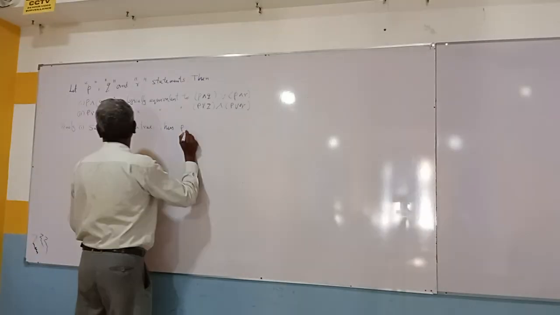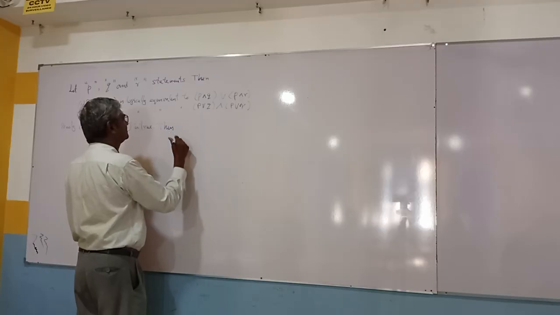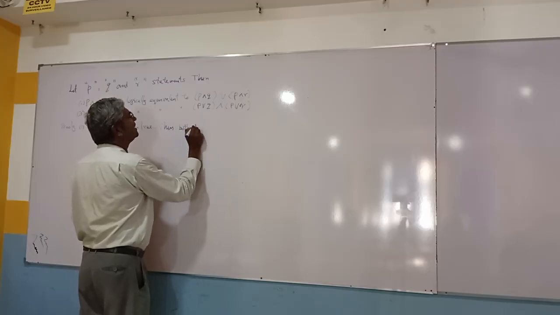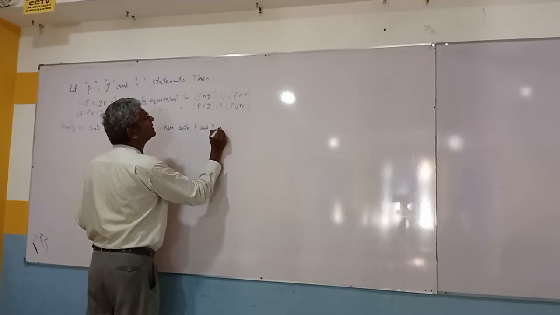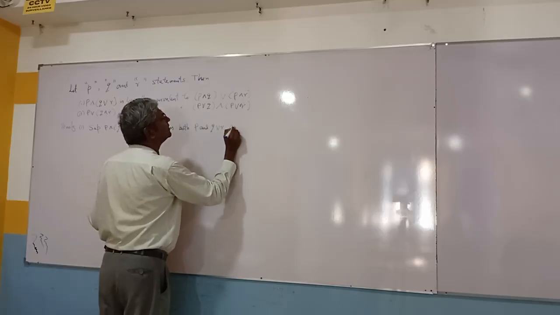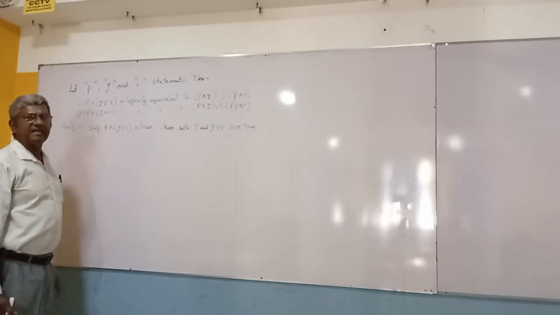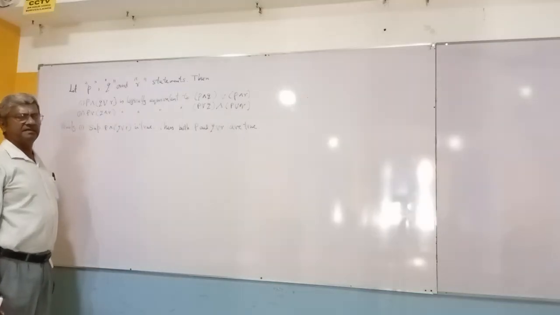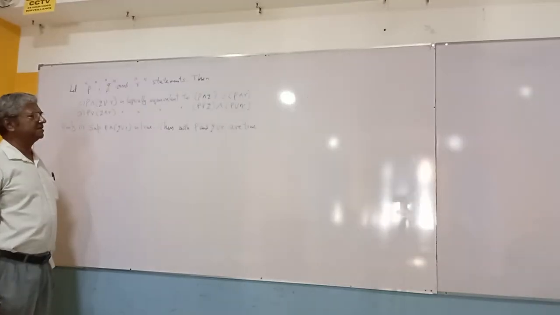Suppose this one is true, then thus both P and (Q or R) are true. Then what can I write? You should not jump straight to saying that P and Q is true or P and R is true.